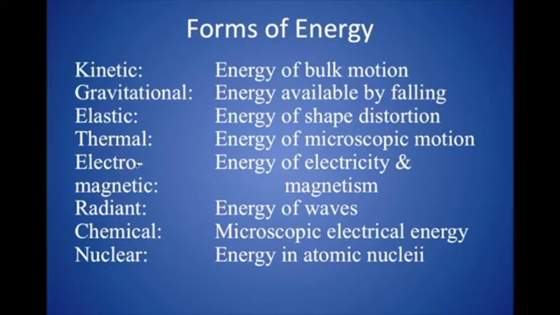There's also electromagnetic energy, which we'll discuss later in the quarter. Radiant energy is the energy carried by waves. Chemical energy is actually microscopic electrical energy within the atoms. And nuclear energy is energy stored in the atomic nuclei.